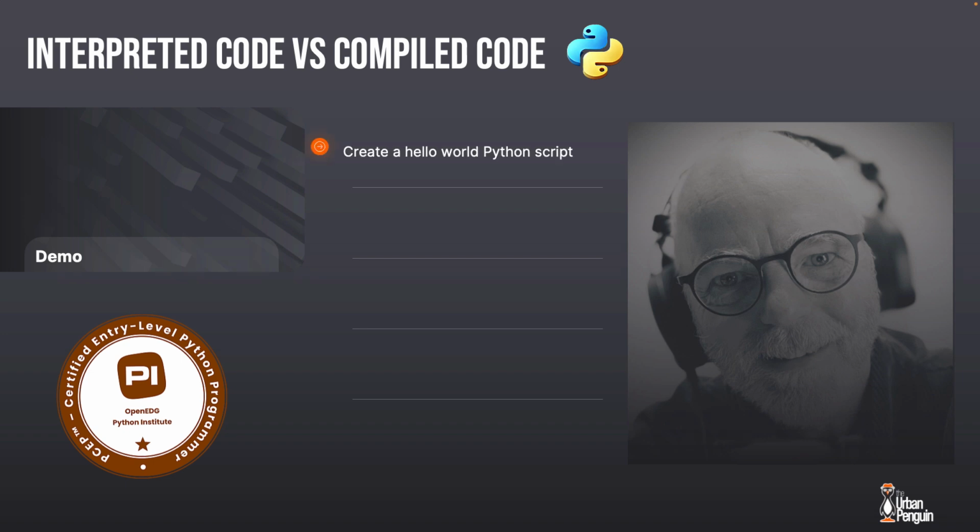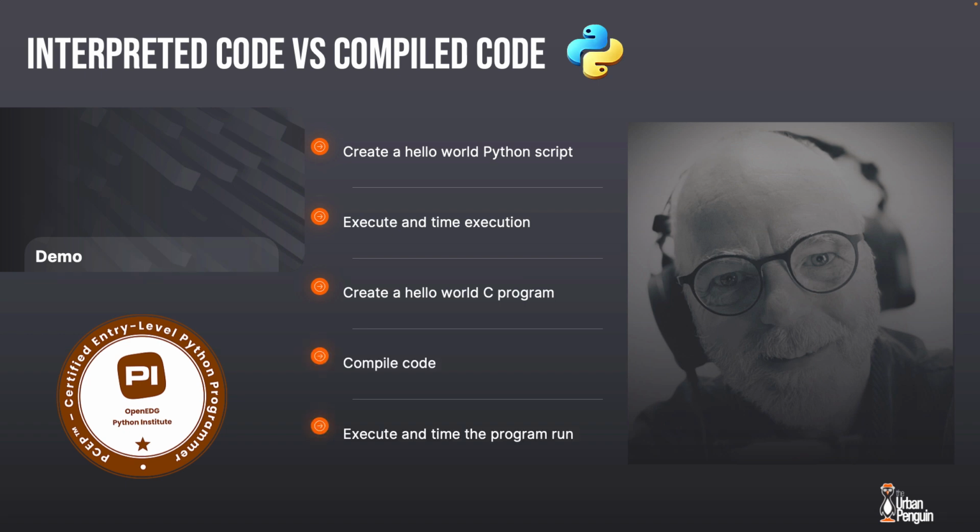We're going to be taking a look at creating a very simple Hello World Python script. We can execute this, and we can also look at the timing, how long it takes to run the program. We can create a Hello World program and compile this in the C language, and then again take a look at the execution time and how the program is run.